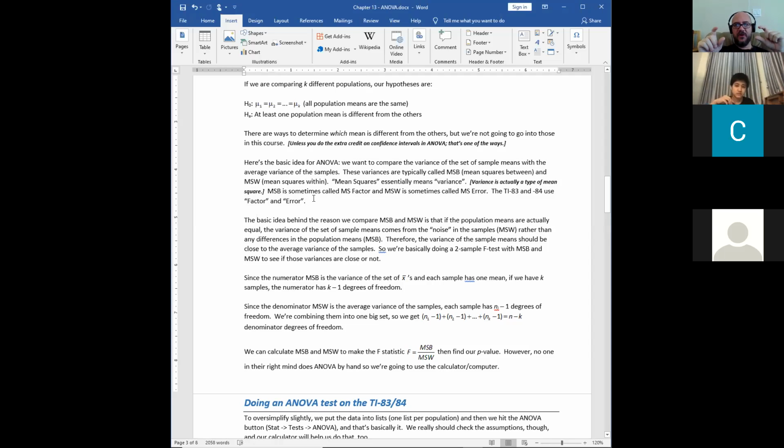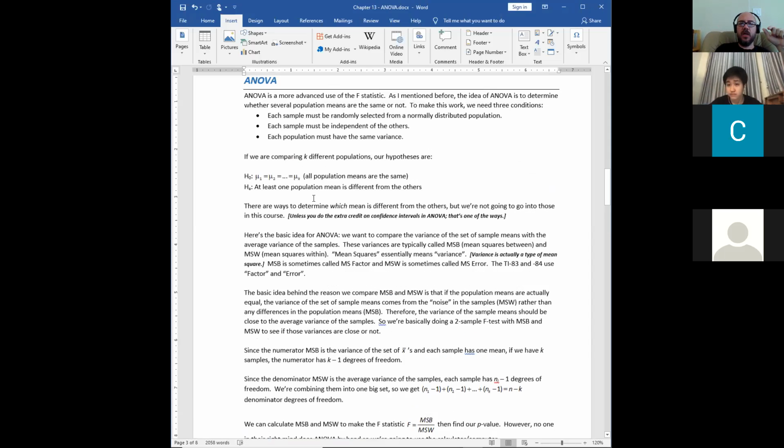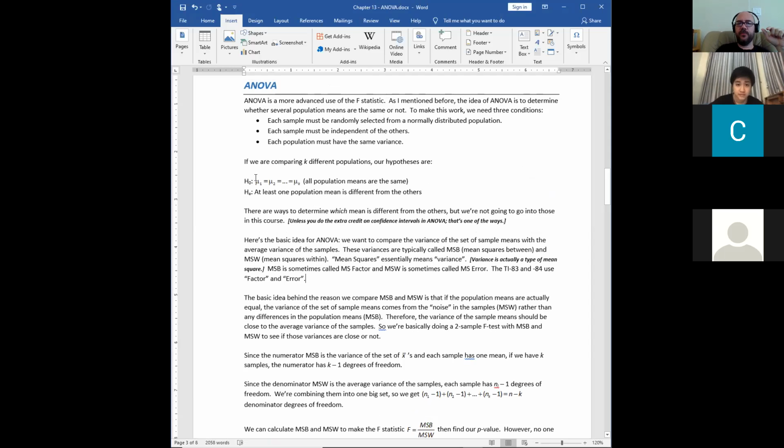The reason we compare those is slightly complicated. So here it is. If what we're testing is whether the means are far apart or not, we want to see if the sample means are close together. Close together means small variance. And so if they are close together, MSB will be small. But the thing we want to compare it to is the sampling variation for each of the samples.